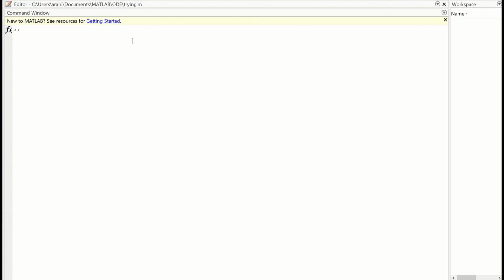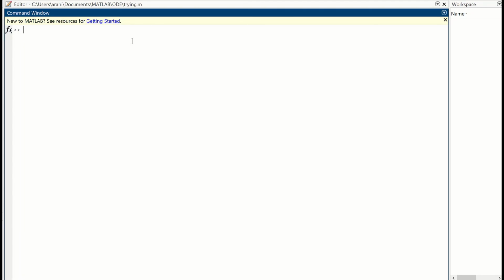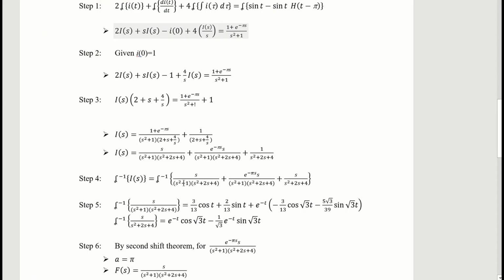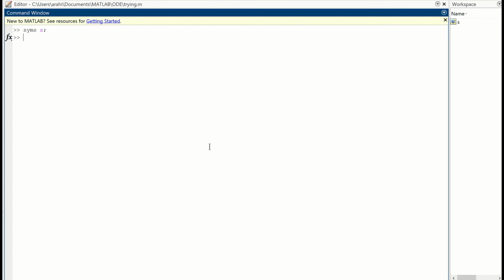First, when we simulate for question 4d, we first declare the scalar variable s, and then as we can see here, we get three equations. So we need to declare them in MATLAB. We have the equation, so the first numerator equals to s.